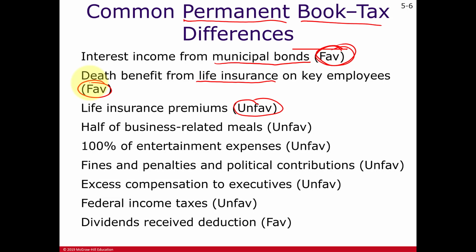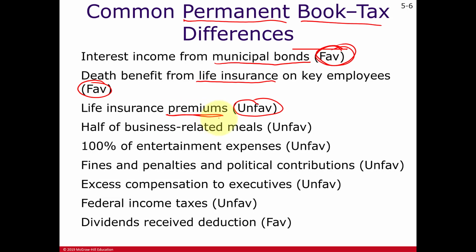But you know, life insurance companies are not going to pay out their proceeds for free. It's going to cost whoever is the owner of the life insurance policy, and the cost is called a premium. And because the life insurance proceeds are tax-free, the cost of the insurance is non-deductible.